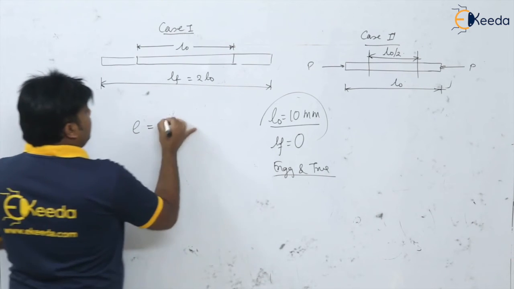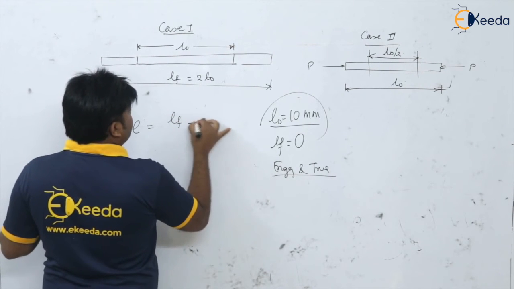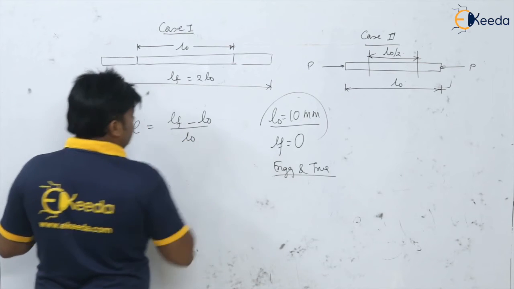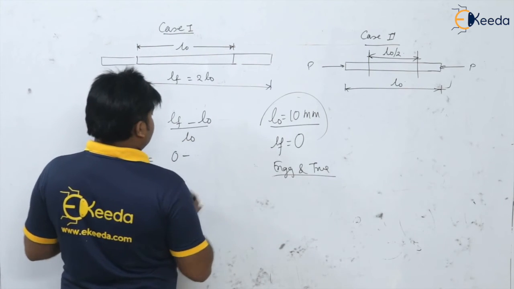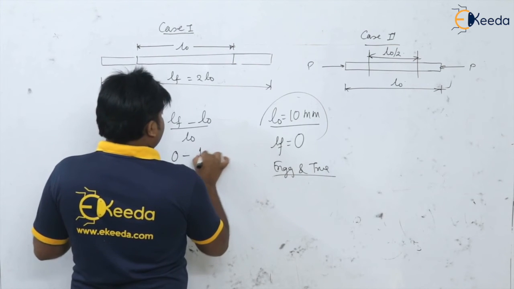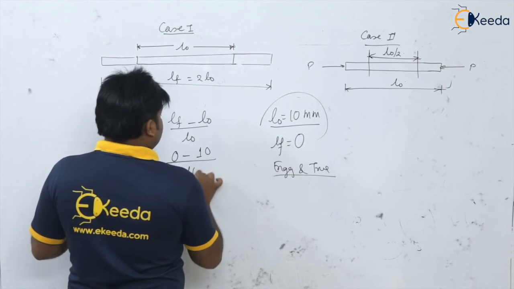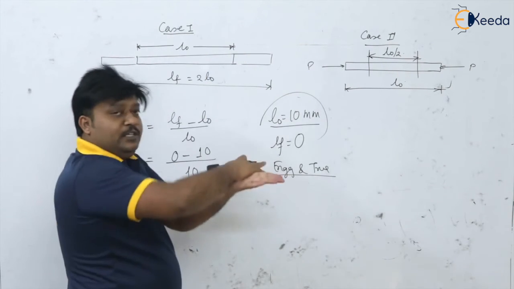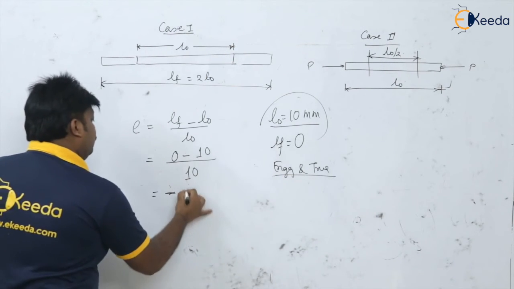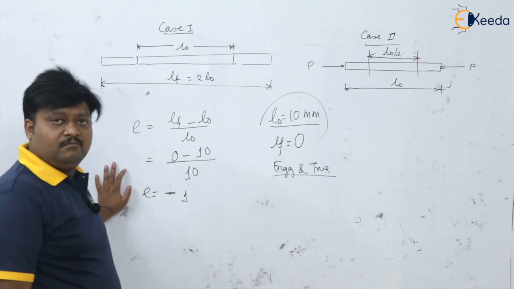The formula is final length minus original length divided by original length. Final length was 0 minus original length 10, divided by original length 10. Because it's compression, I'm reducing it to 0. So negative 1 is my strain.